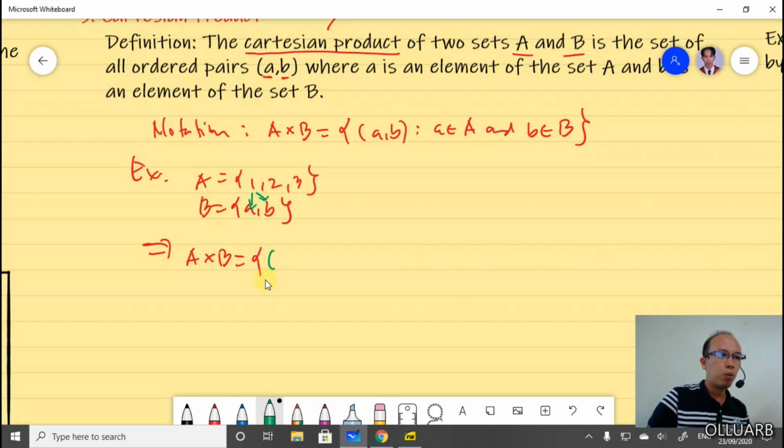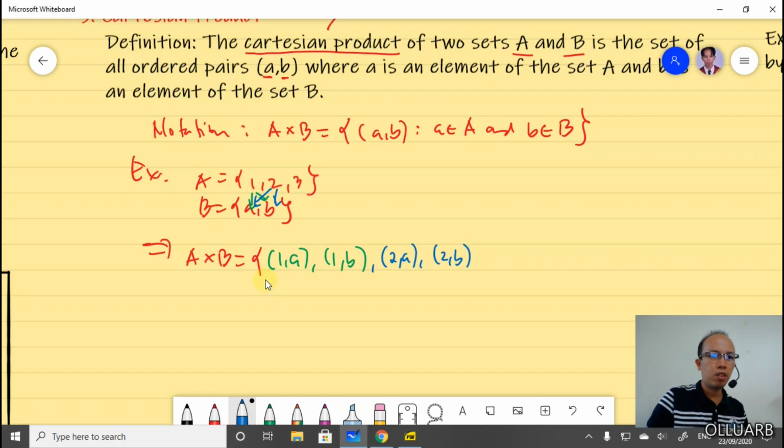So we have 1a, 1b, and then let's have another color. 2a, then 2b.